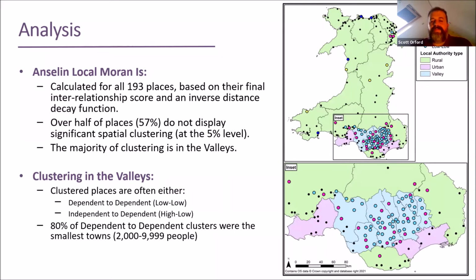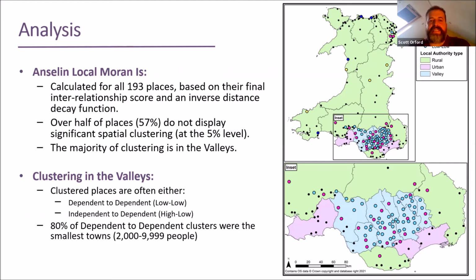So like I said, we focused in on the South Wales valleys for this part of the analysis. And what we did first of all is we looked to see if there's any spatial clustering of places with similar dependency classification. So is it the case that all the dependent places are next to each other, or is it the case that the dependent places are next to the independent places?